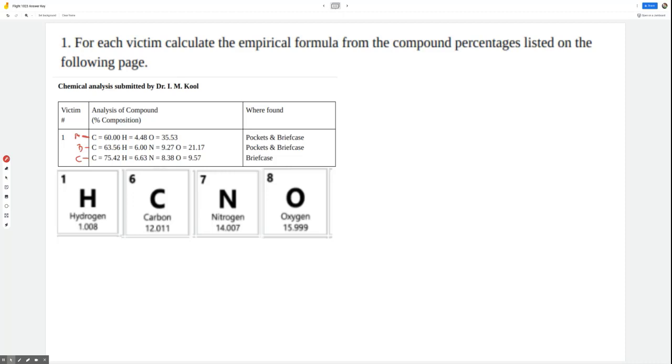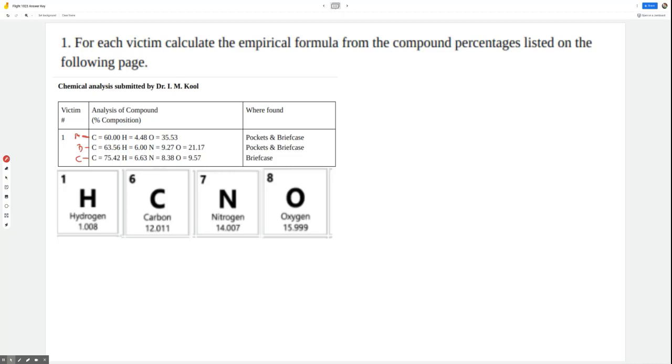The elements that we're going to be working with for all of the compounds, they all have this common set of elements: hydrogen, carbon, nitrogen, and oxygen in different combinations. Some might only have three, some might have all four, but we're going to work through the list for each victim, find the empirical formula, and then identify those compounds.